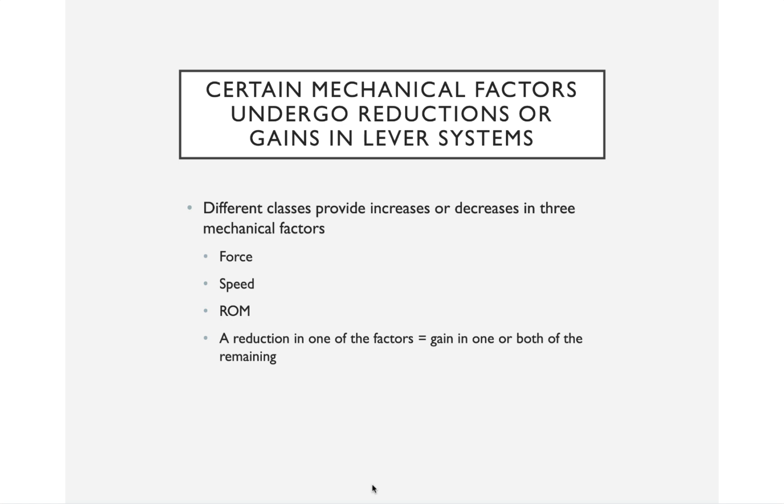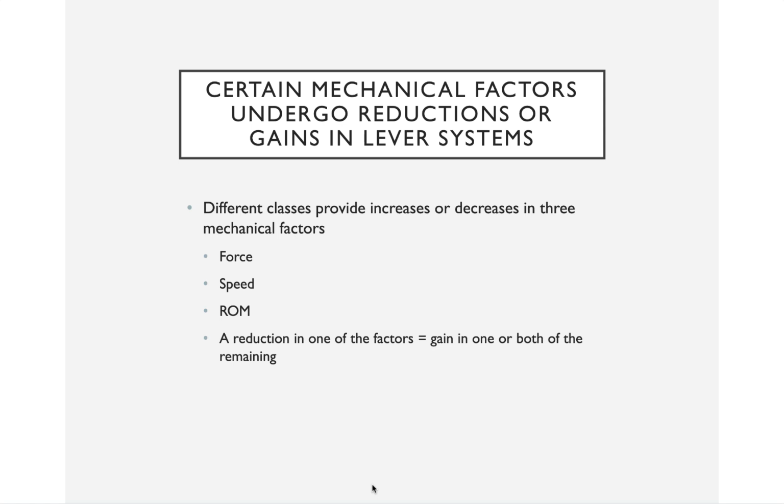So if we reduce speed, we're going to get a gain in force and/or range of motion. If we reduce force, we're going to get a gain in speed and/or range of motion. So that is how those three mechanical factors will either reduce or gain within the human body.